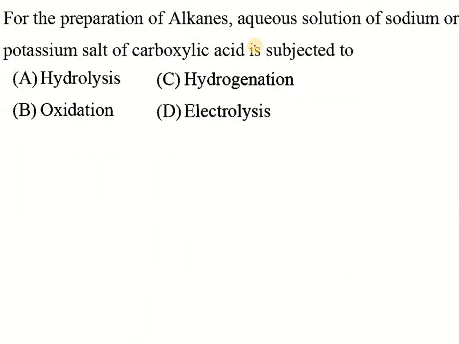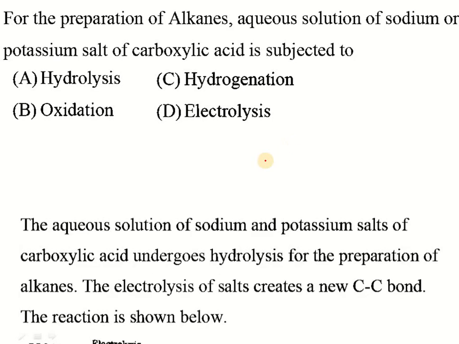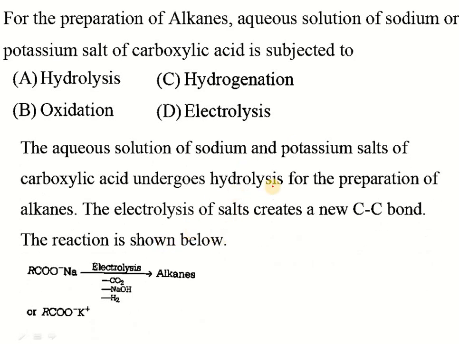Next, for the preparation of alkanes, an aqueous solution of sodium or potassium salt of carboxylic acid is subjected to what? See, we will take these aqueous salts, hydrolysis of the salts, but to form a bond between two carbon atoms and the formation of alkane, electrolysis is needed. So electrolysis is the answer to prepare alkanes.